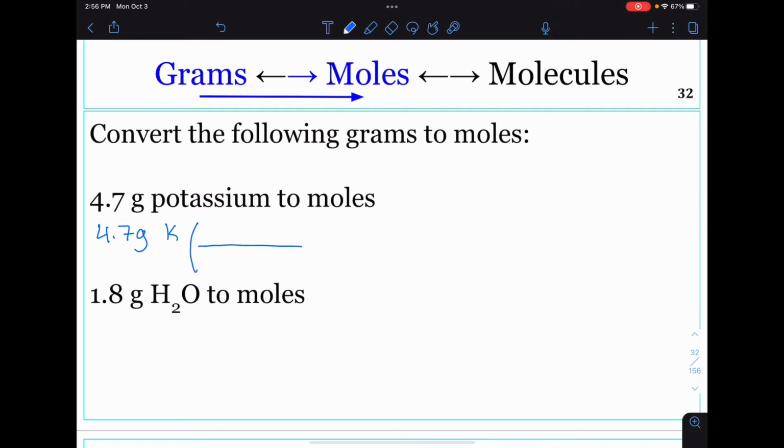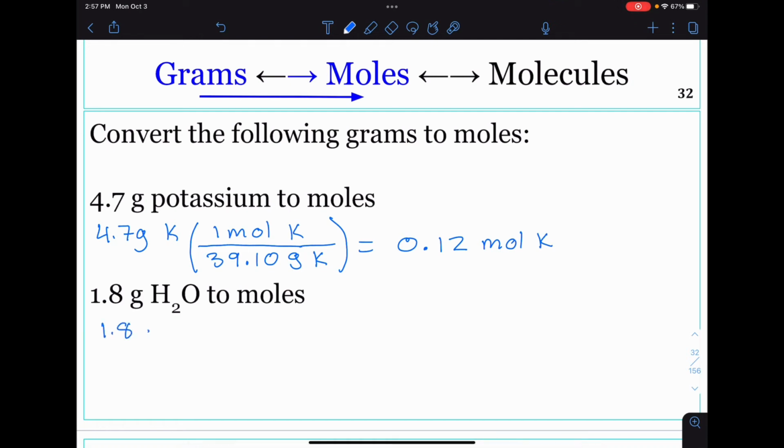We want to put the grams, the molar mass, on the bottom, 39.10 grams of K, and that is equal to 1 mole of potassium, or 1 mole of K. This tells us we need to divide 4.7 by 39.1. And we are left with 0.12, and the unit is moles of potassium. Now you do the next problem.